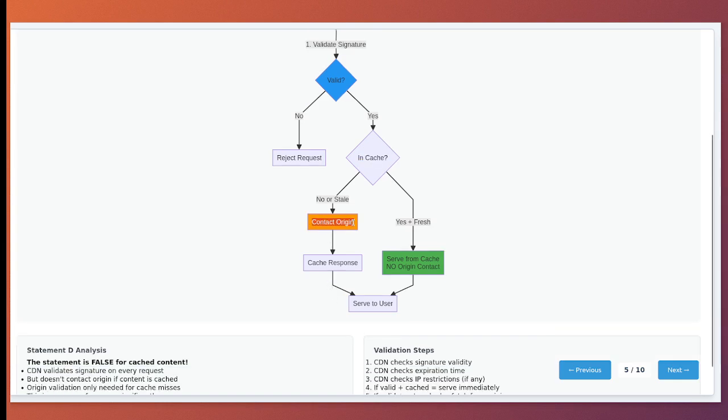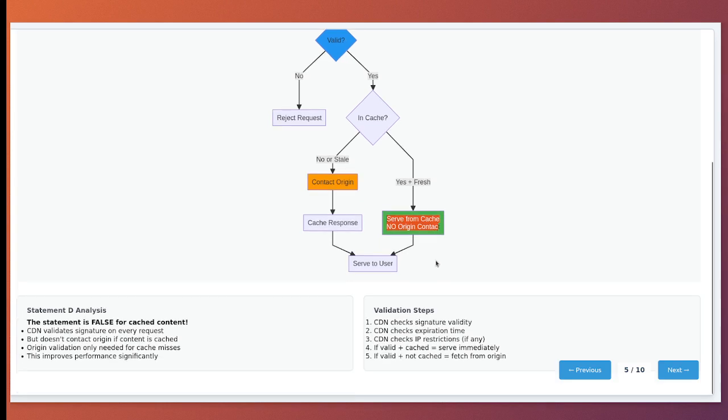However, the CDN does validate the signature parameters, like expiration and IP restrictions, on every request. It just doesn't need to contact the origin if the content is already cached and the signature is valid. This is one of the key benefits of a CDN, reducing origin load by serving from the cache.